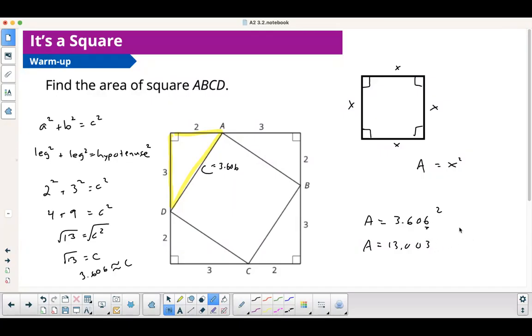So if I really wanted to use the exact value, check this out. Your area equals the square root of 13 squared, and your square and your square root undo each other. So it's actually 13. So 3.606 or square root of 13: this would be more exact, and this would be approximate.